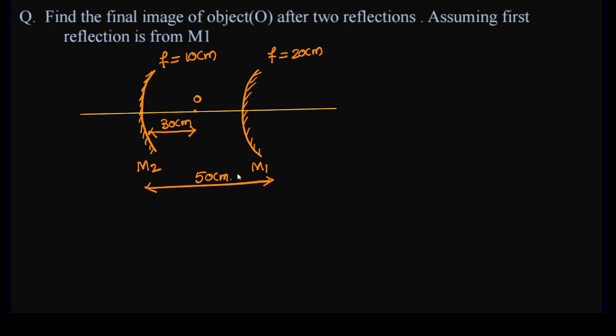Find the final image of the object after two reflections. Assuming the first reflection is from M1. So look at M1 here. Is this convex or concave?